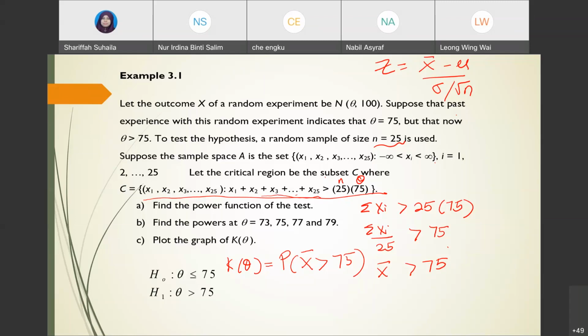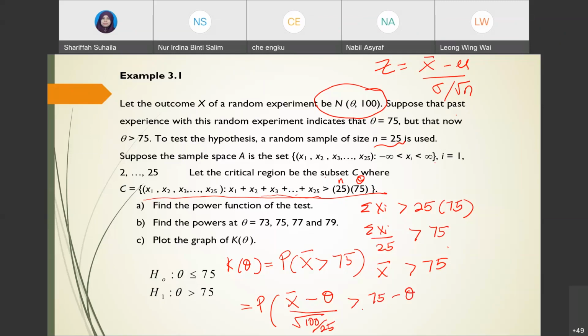Okay. And then again here, because this one is a normal distribution, okay, ini taburan normal. So macam mana kita nak dapatkan probability? So again, X bar minus mu, theta, divide by sigma ataupun sigma over square root of n. Okay, sigma square root semua 100 divide by your n, which is 25.